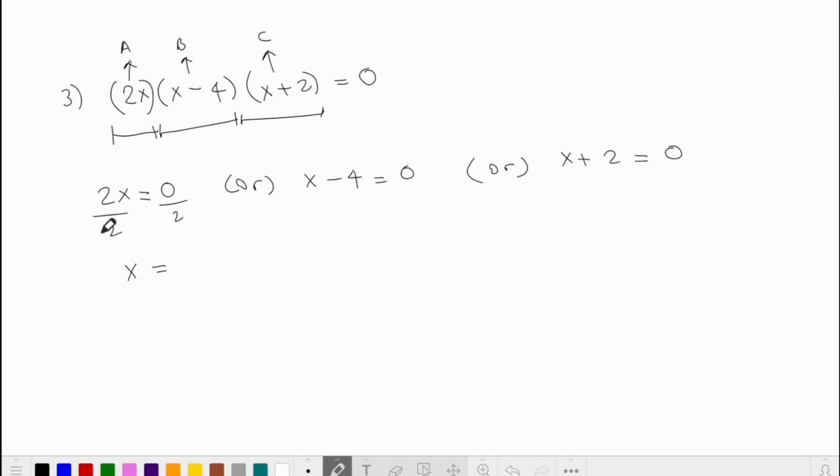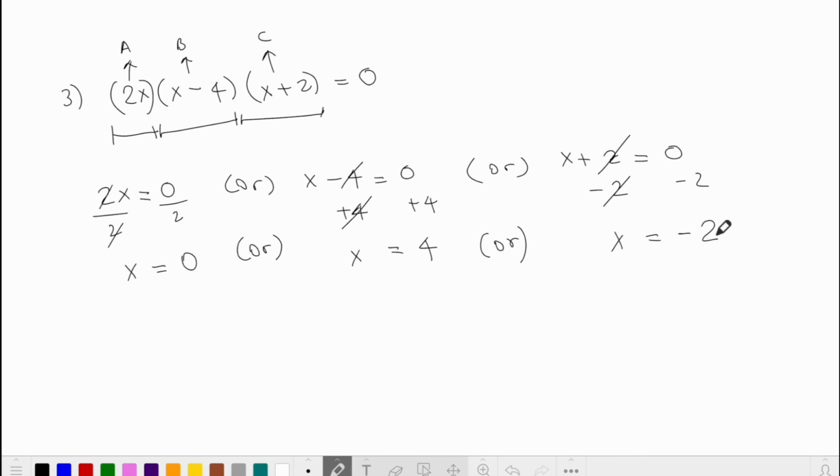So we have x on the left hand side and we have 0 as the value of x. And now we have x minus 4, so we will add 4 to both sides, and the 4 cancels out, and x is equal to 4. And another one is x plus 2 is equal to 0, so we will subtract 2 on both sides. So 2 and negative 2 get cancelled out, so x is equal to negative 2.